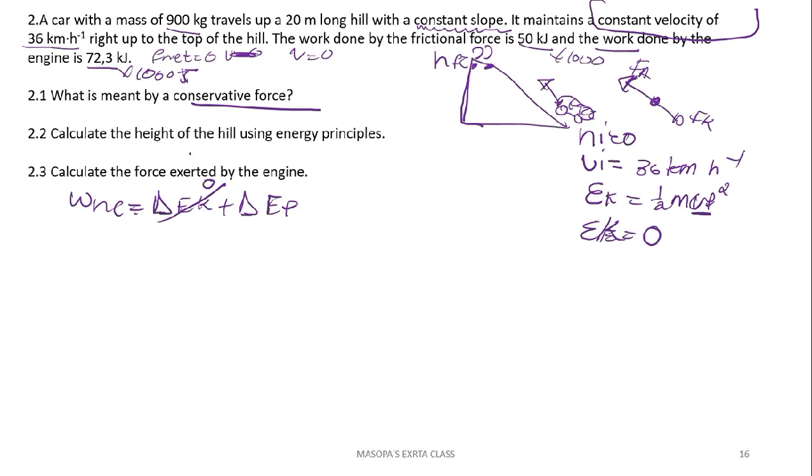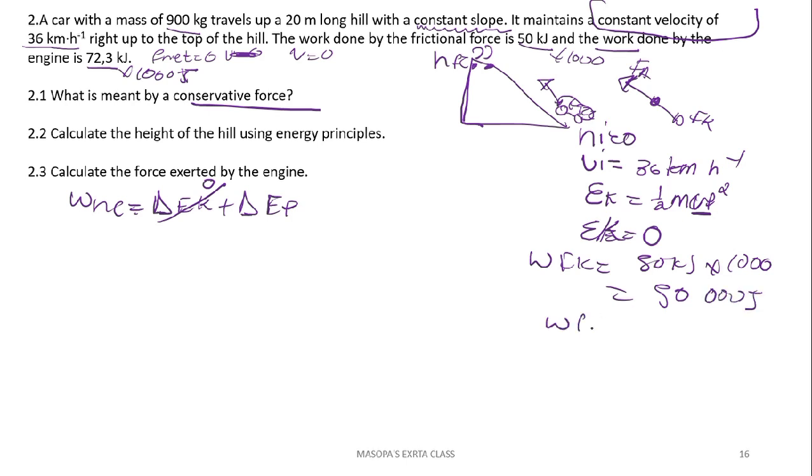Right? Now let's add our work done by non-conservative forces. Before we add them, we must convert them into joules. The work done by Fk is 50 kilojoules. Multiply it by 1000, then you get 50,000 joules.